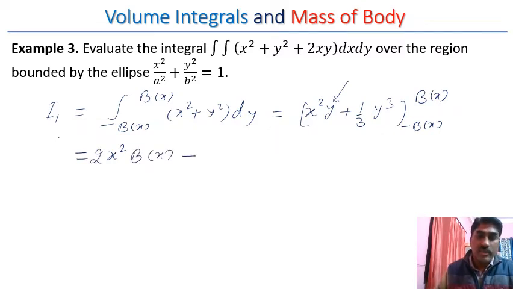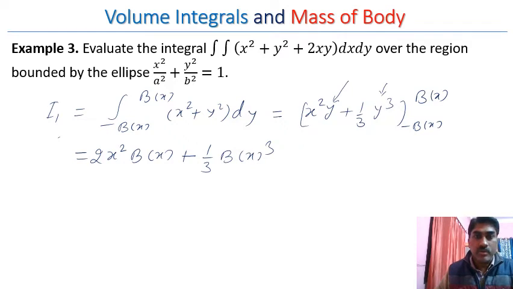In the second part, you will get b cube minus minus b cube, which means 2 times b cube, so this is plus 1 by 3 times 2 bx whole cube.